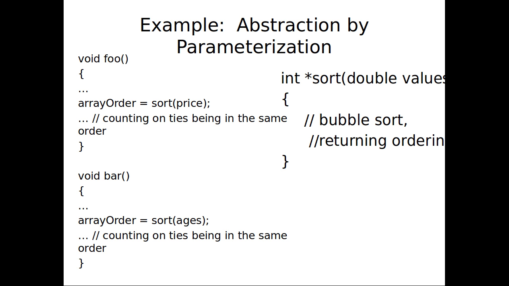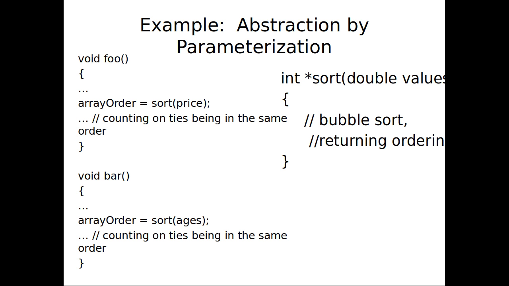Instead of hard coding a bubble sort for price in one place and hard coding it for ages in another, we have a method which takes in different parameters. This is an array of doubles called values, and we can pass it ages here and price here, and it does the job for both.